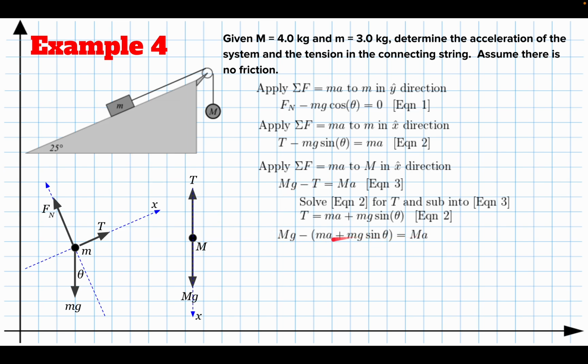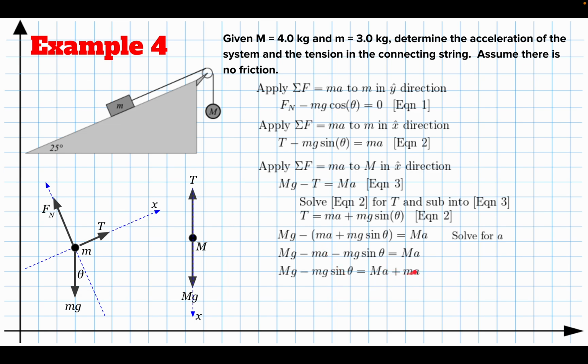Okay? So we've eliminated the tension T, and once we've done that, we can solve what remains for the acceleration. So I would distribute the negatives here, so it's going to look like this if I distribute the negative in front of this parenthesis. Get all terms with an a on it on one side, so I'll bring it over here.